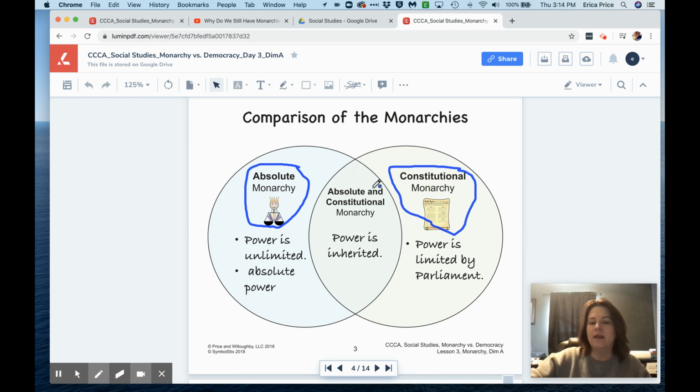Now the thing that the two have in common is this: power is inherited. It's passed down from one family member to the next. Absolute is absolute power, complete control. Constitutional monarchy, the power is limited by Parliament, but both inherit their power.